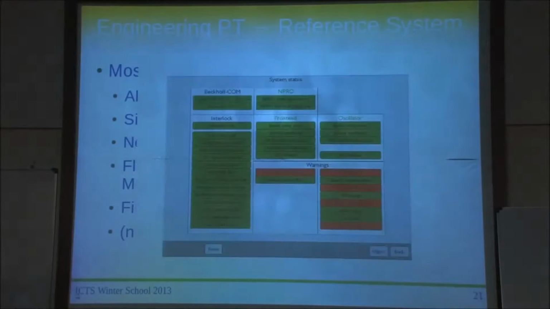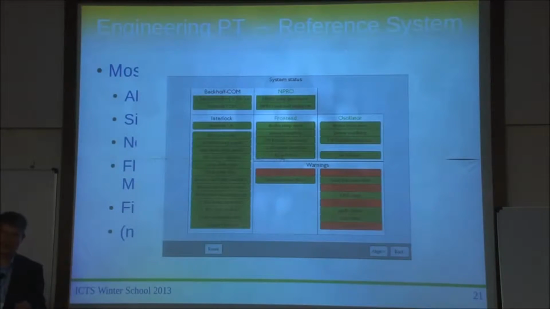And then we added a status screen, which looks like that. We have a bunch of things that might go on in the laser and also in the front end, and we have the status screens. Before that, we just had a little text field, which gives you a status on what's going on. And it was overwriting itself. The message would, for example, be water level low, and then the next message would be interlock triggered.